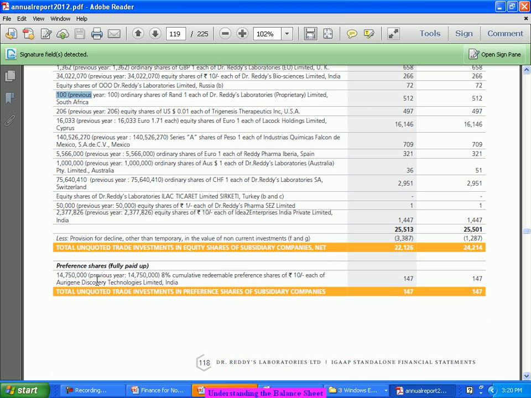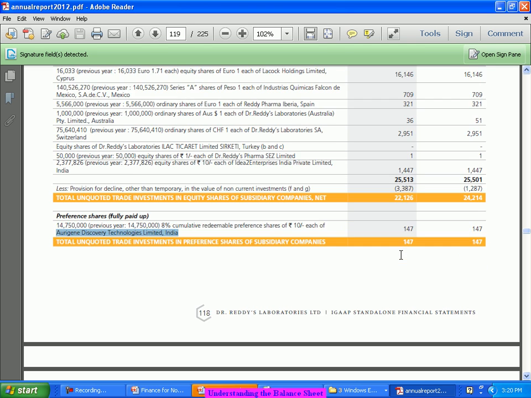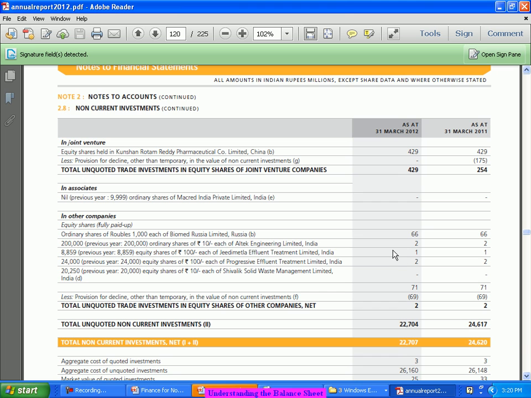Whereas they also put in something else. You see here, they have invested in some company called Orangian Discovery Technologies India Limited. We don't know what this company is, but Dr. Reddy's has invested to the extent of 14 crores in that particular company. Then they have some joint ventures. Kunshan Rotam Reddy Pharmaceuticals. Somewhere else, they have invested around 42 crores.